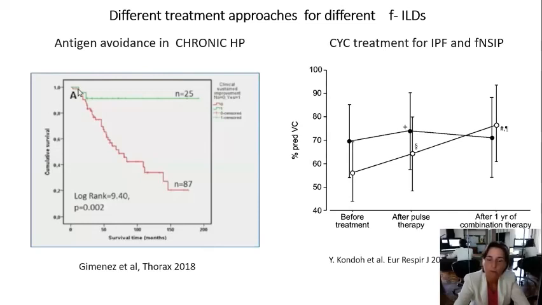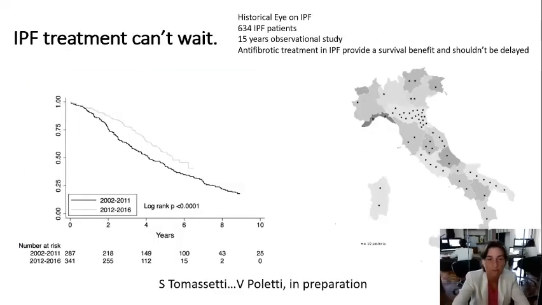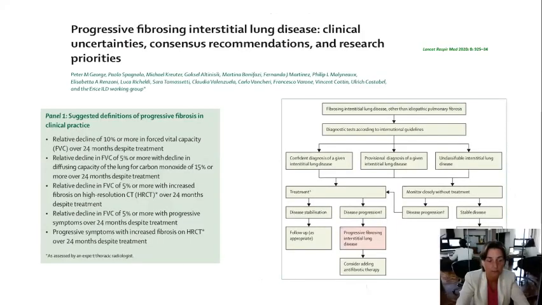We know that for NSIP and connective tissue disease, the first-line treatment is still immunomodulation because it has been proven to be effective in some trials, and we cannot really wait and see until progression to make a treatment decision, because there are several studies, and this one is from the Forlì group, that echo other previously published studies that have clearly shown that the diagnosis of IPF and the treatment of IPF should be initiated as soon as possible.